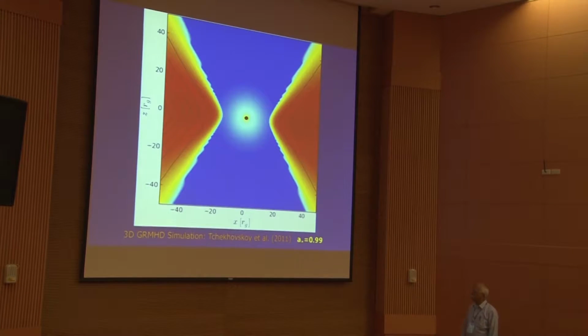I told Sasha that I won't show this movie. He's watching. I'll just show a little bit to remind you, because John showed something like this, not the same movie. Essentially, this is a black hole. There is a torus of gas going around. This is a simulation. There are magnetic field lines in this loop here.